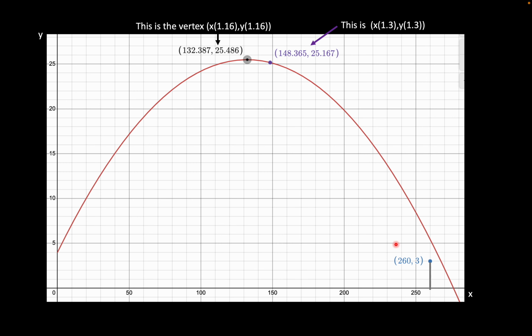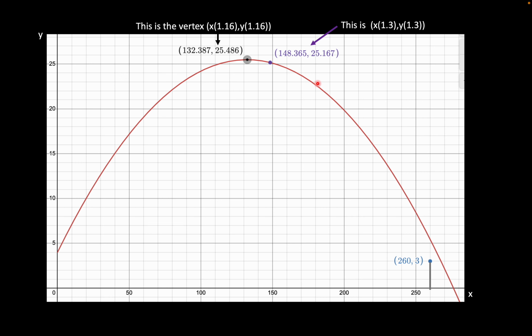And here is the visual larger. So this is where the ball started at 4 feet of an initial height. Then after about 1.16 seconds, it reached the highest point, which has this horizontal and this vertical coordinate. Then at about 1.3 seconds, it decreased its height a little bit.